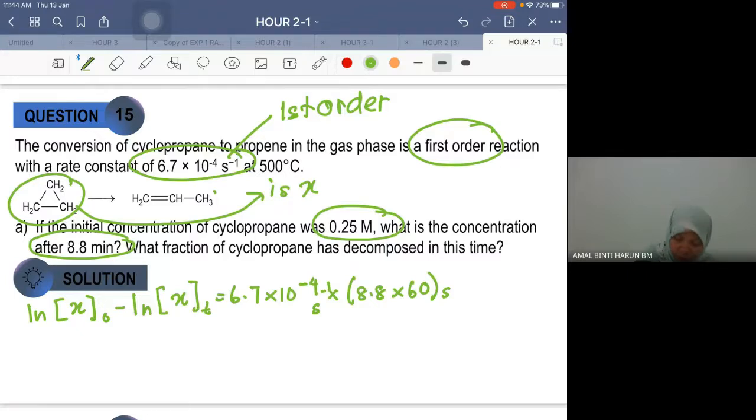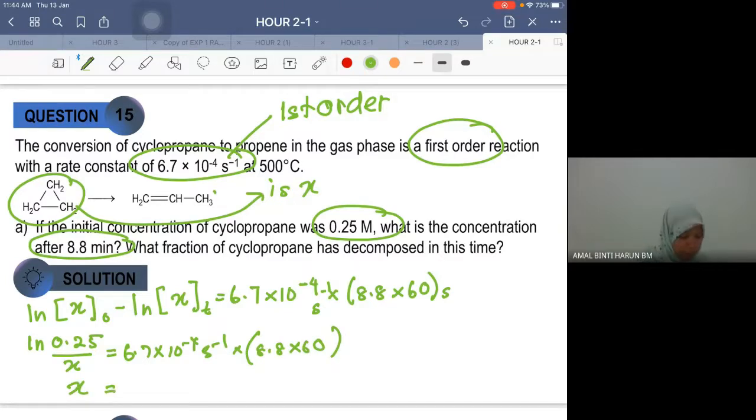Okay. Lepas tu ln initial ln 0.25 molar given, X tak tahu concentration dia. 6.7 eksponen negatif 4 per second, 8.8. So you dapat concentration akhir dia iaitu 0.1755 molar. Okay, soalan ni direct sajalah. Okay, lepas tu what fraction cyclopropane has decomposed?